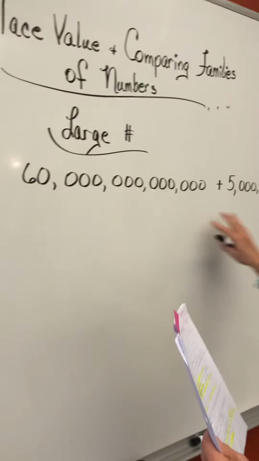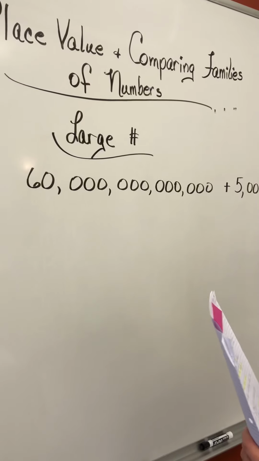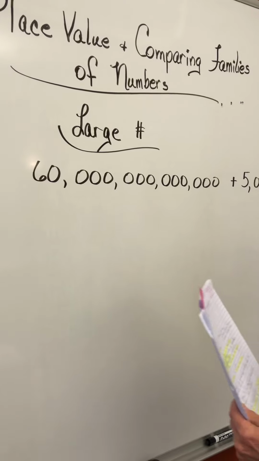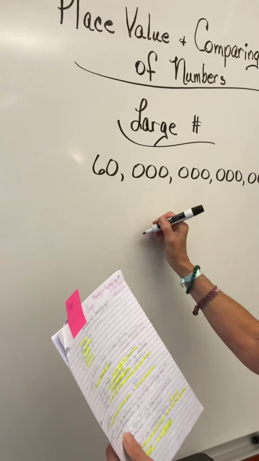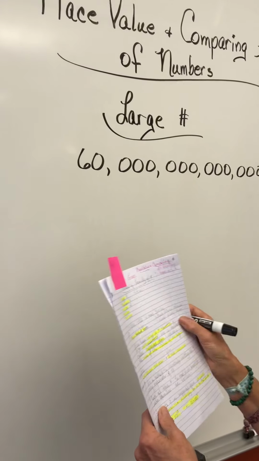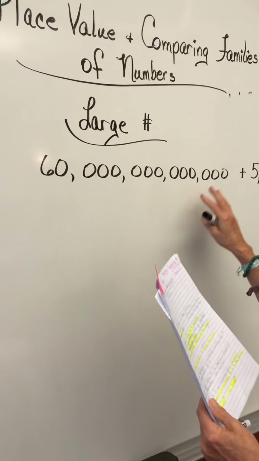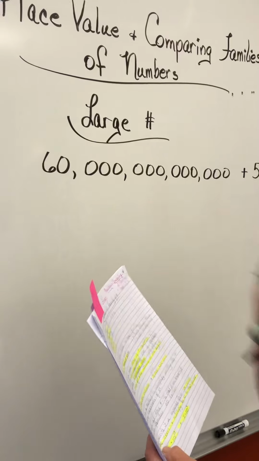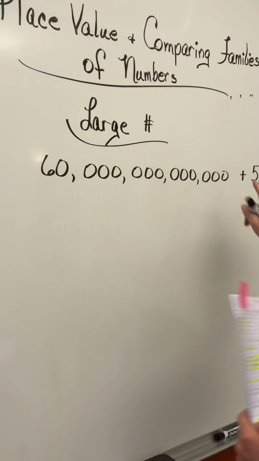So there is a simpler way to write those by kind of abbreviating those zeros, okay? We're going to use the exponent of 10. And to look at this number, we're going to see how many tens are in front of this 6, right? So let's count them.